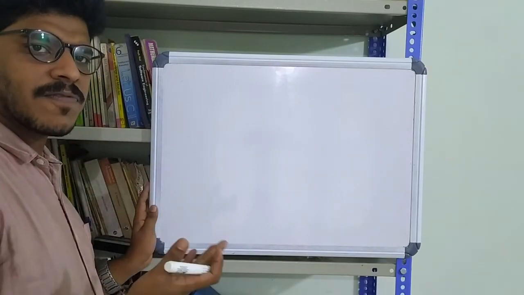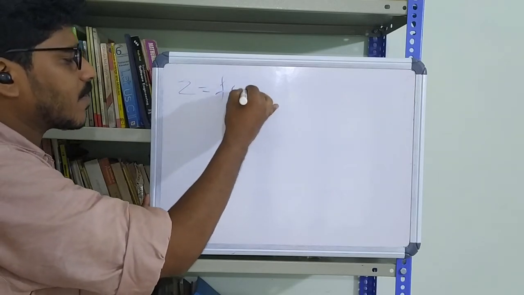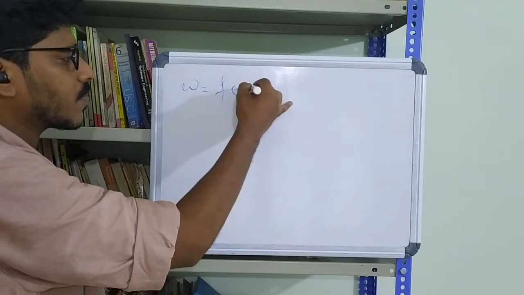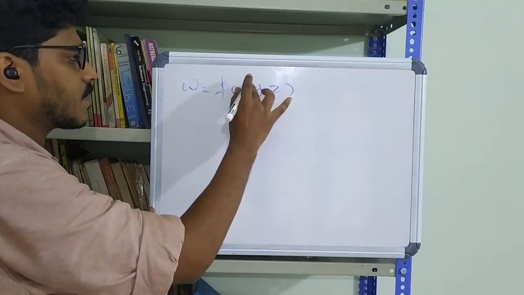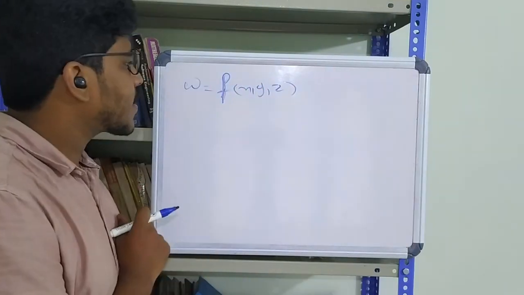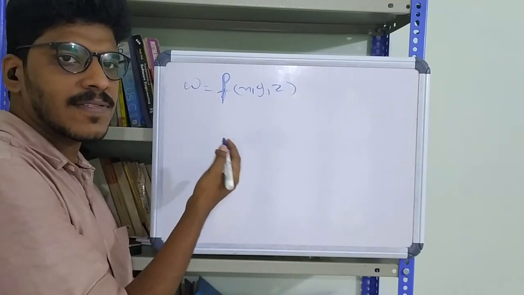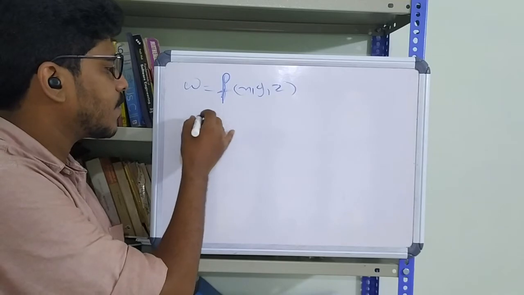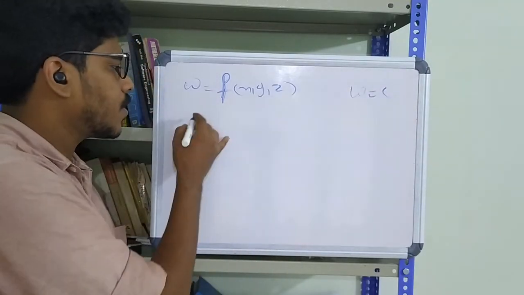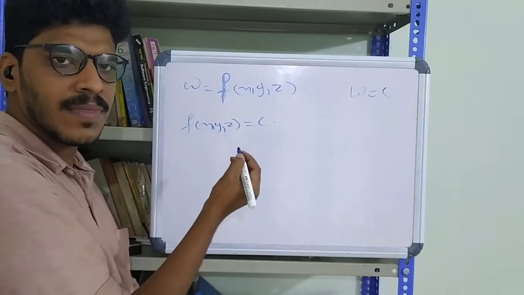So can there be functions of more than two variables? Definitely yes. There can be functions of the form w equal to f of x, y, z. As in the case of two variable functions, we can think about the level curves of three variable functions as well, and they can be obtained by simply assigning constant values to w, as f of x, y, z equal to c.